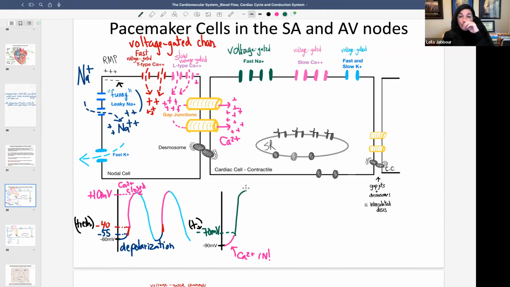And now we have a huge depolarization because of the influx of sodium ions. This goes to around plus 20 millivolts.